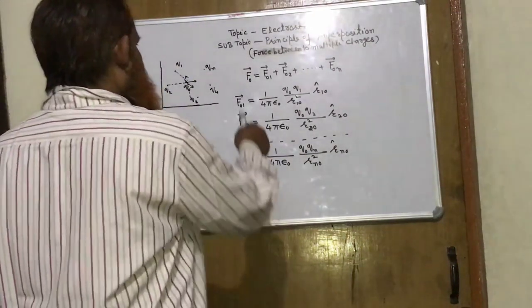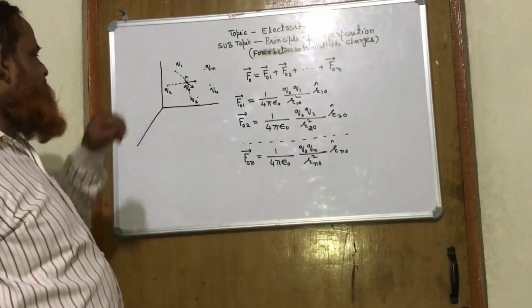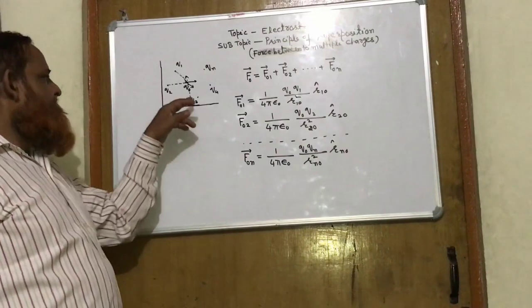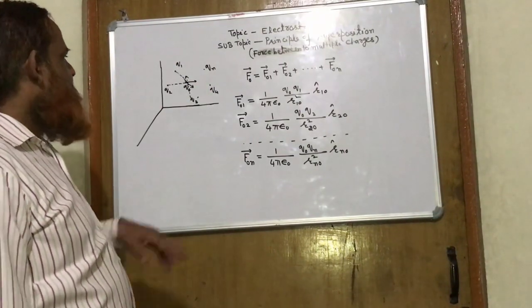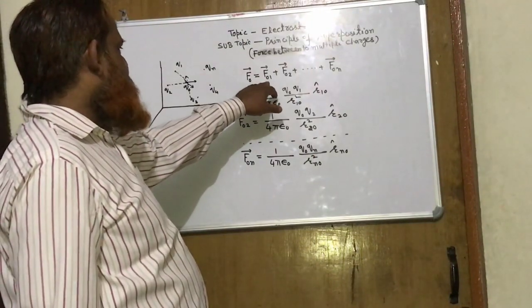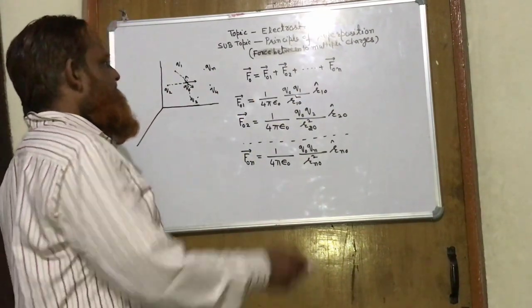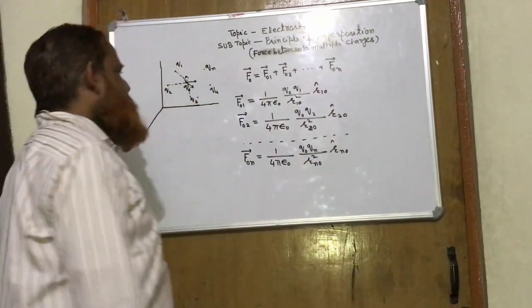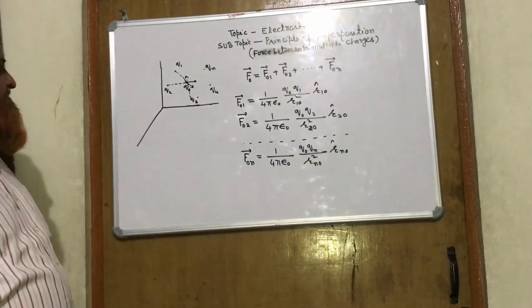Mathematically, let F naught be the net force on Q naught due to charges Q1, Q2, Q3 and so on. So F naught is equal to F01 vector plus F02 vector up to F0n vector.